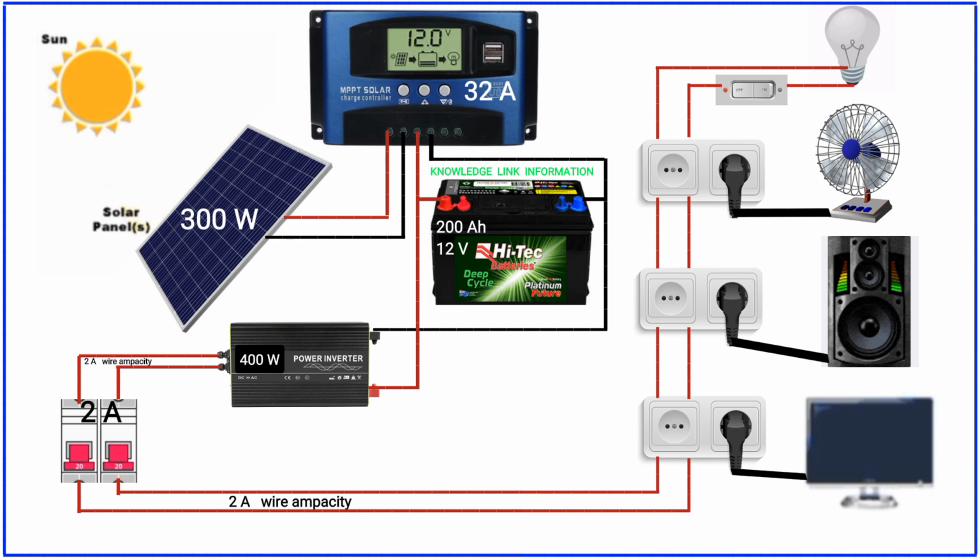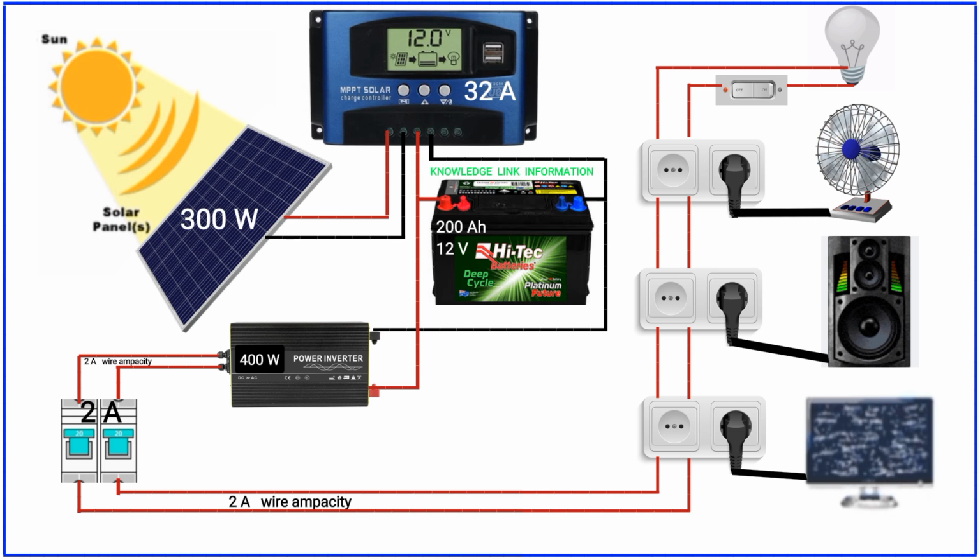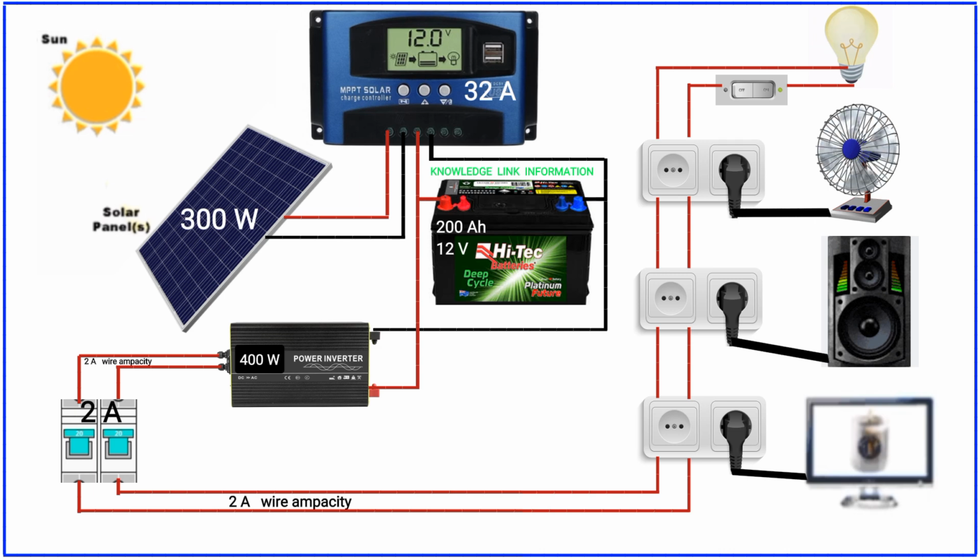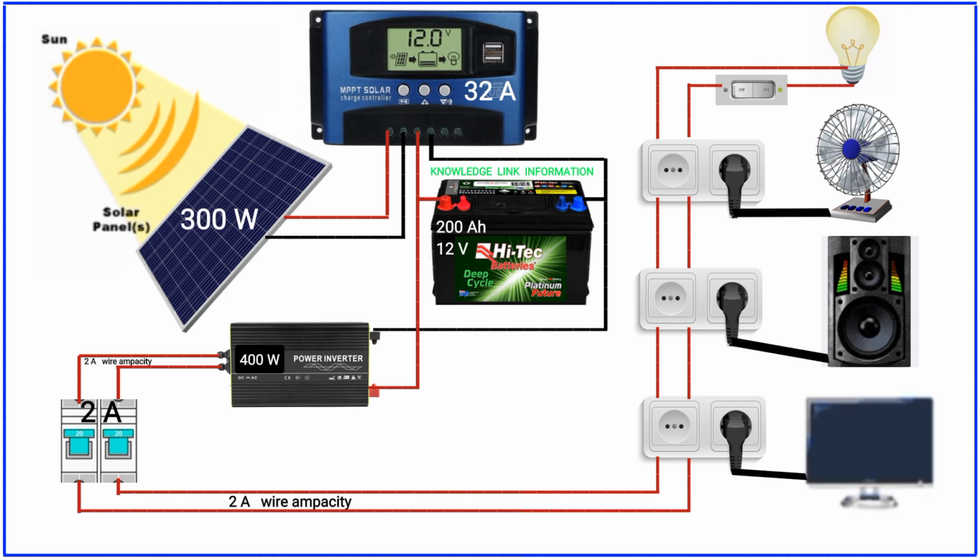But we can find the solar fuse ratings calculation and power inverter fuse ratings calculation from the other video that we created before. You can now switch on the AC breaker to run the other connected loads. Switch on the switch of the LED bulb to light on.